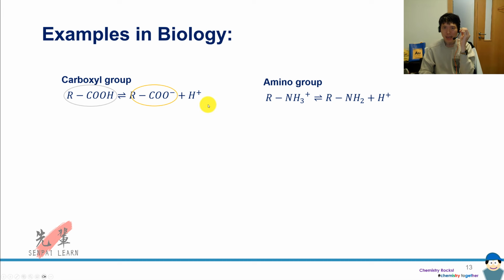So in an amino acid, it can act as both base and acid using different functional groups in the molecule. You see here, the COOH gives off an H plus, you get a conjugate base, the carboxylate. Your amine group here gains H plus to form the amine plus.